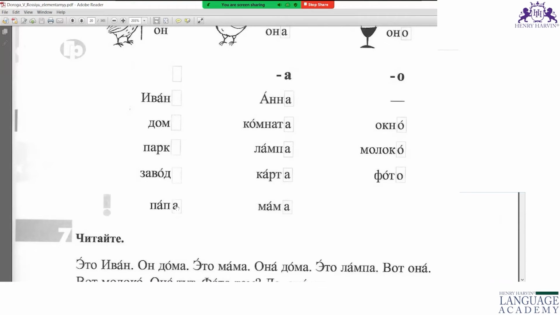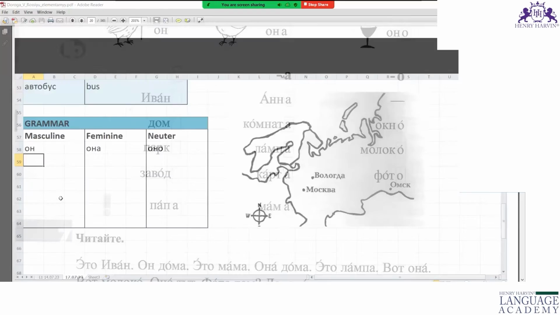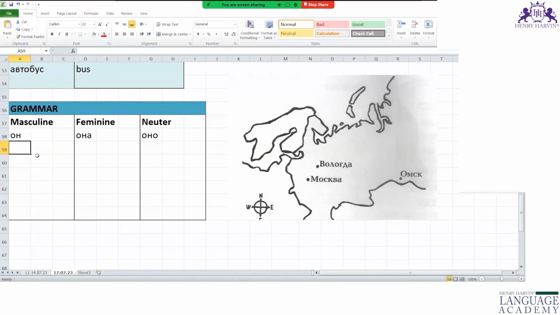For example, let's write a few examples like дом, парк. Дом, house, and show that there is no ending here, 0. Okay, парк. Again, there is no vowel, so that's why I write it like this. Дом, парк, 0 ending.